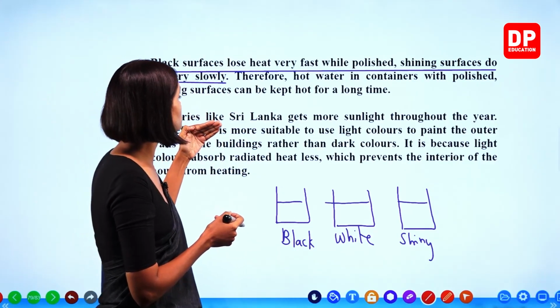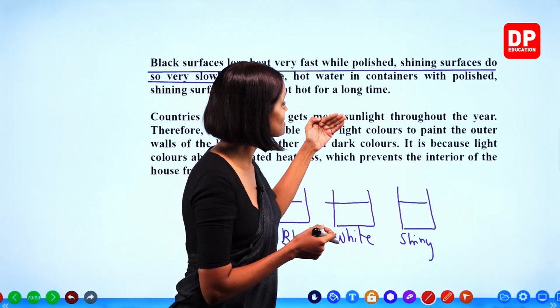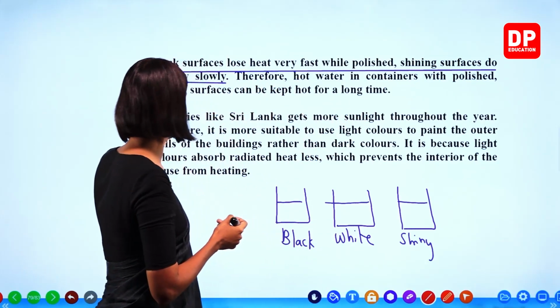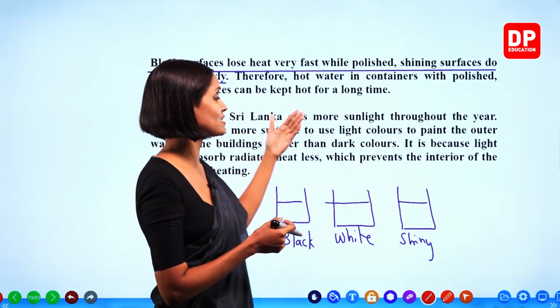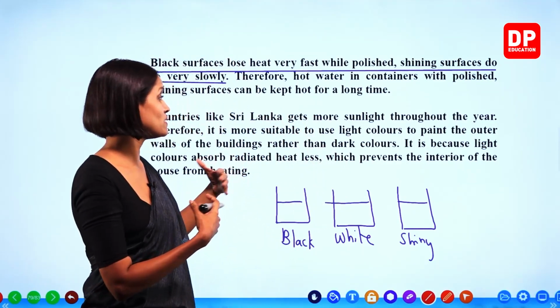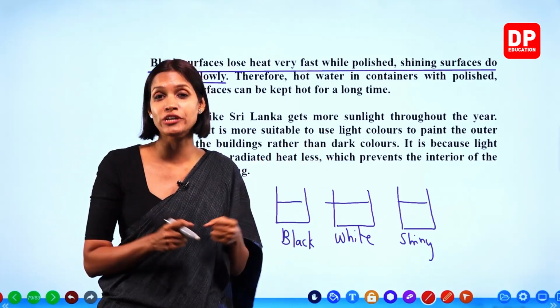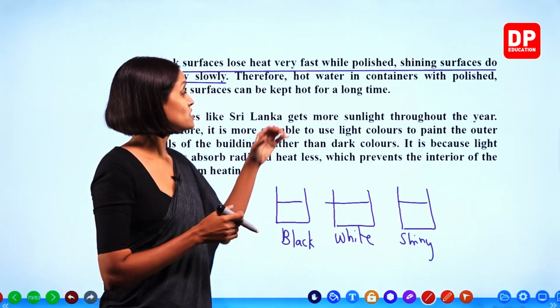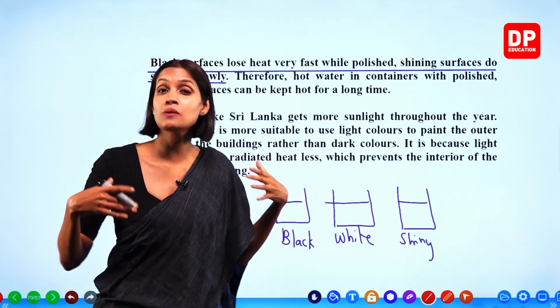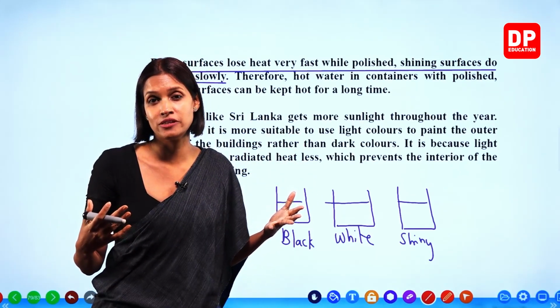Therefore, it is more suitable to use light colors to paint outer walls of buildings rather than dark colors. Why? When we paint with dark colors like black, the dark colors absorb more heat. Okay? Therefore, our houses will get heated up faster, which is very uncomfortable.